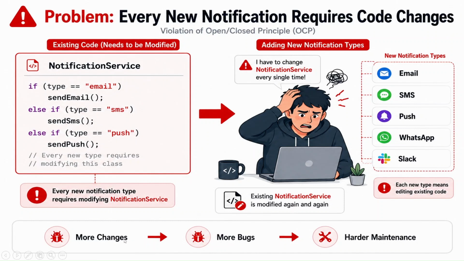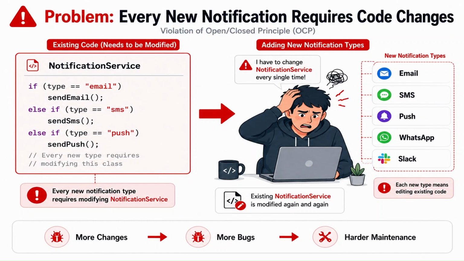More changes is equal to more bugs, and more bugs is equal to harder maintenance. If we keep changing the existing software modules, we might create new bugs, and in that case the maintenance or support of that software becomes harder and harder.